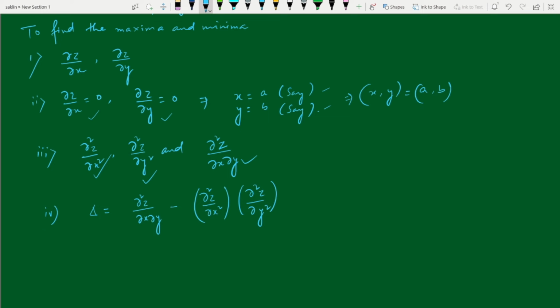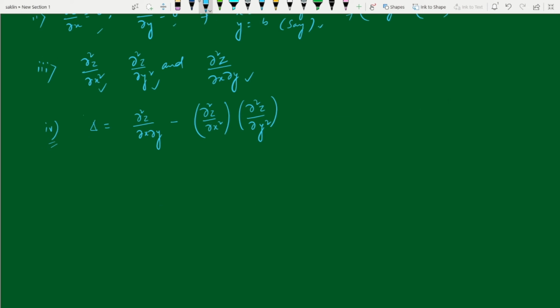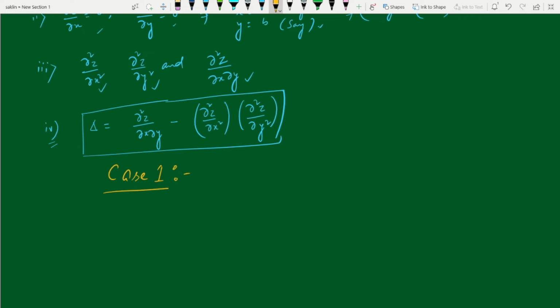After that, this equation is much more important. Here three cases are present. Case 1, the first case is if the value of del is greater than 0, then the point will be a saddle point.